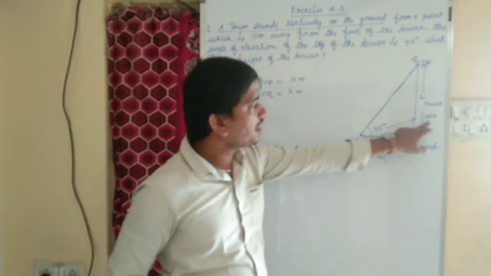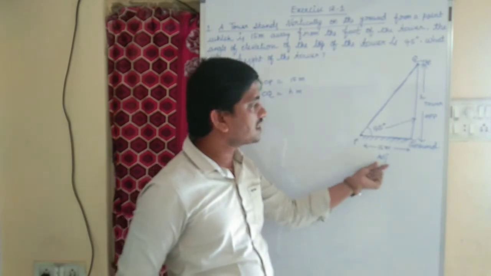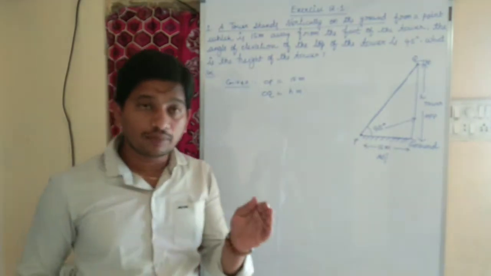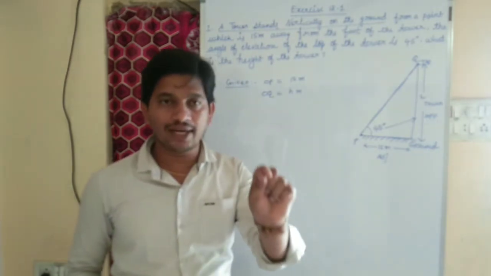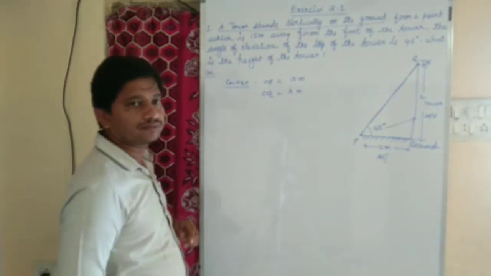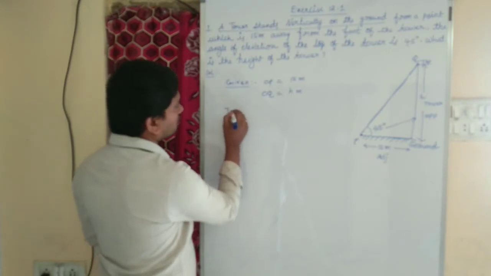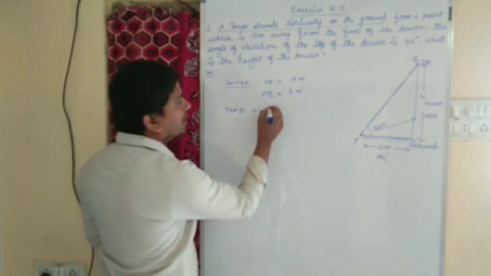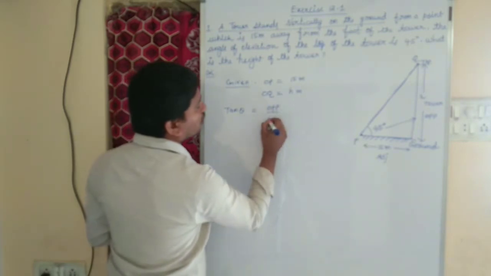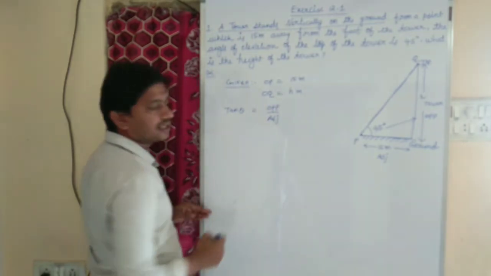So the unknown quantity is the opposite side and the known quantity is the adjacent side. What is the trigonometric function whose ratio is opposite side by adjacent side? Of course the function is tan theta. Tan theta means opposite by adjacent side.